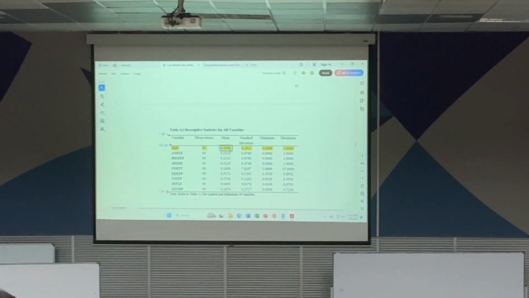So what can you say? On average, the respondents have good financial literacy, isn't it? Because they're close to perfection already. Can you see? So we will use words like poor or low, moderate, high or good, to show on average what is the situation of our sample. Can you understand?